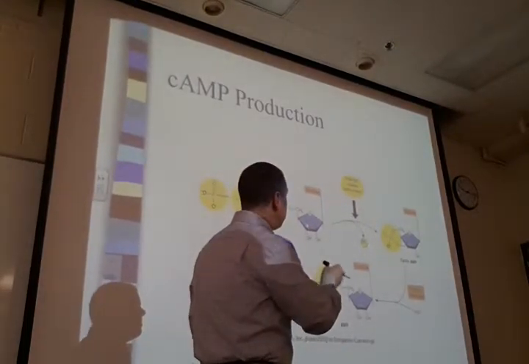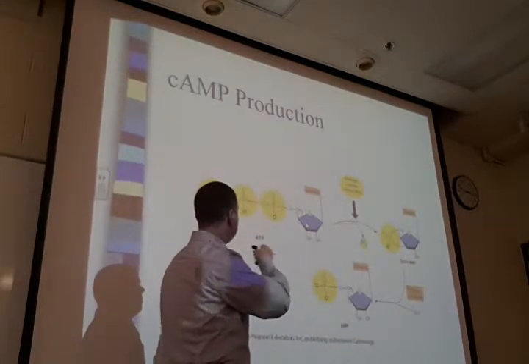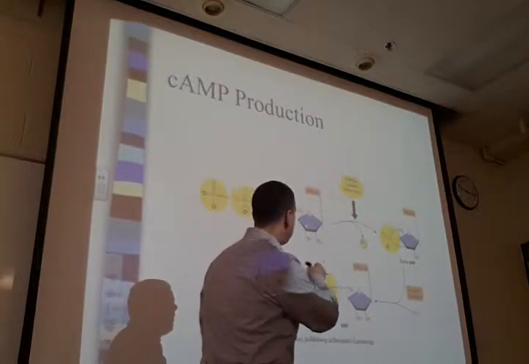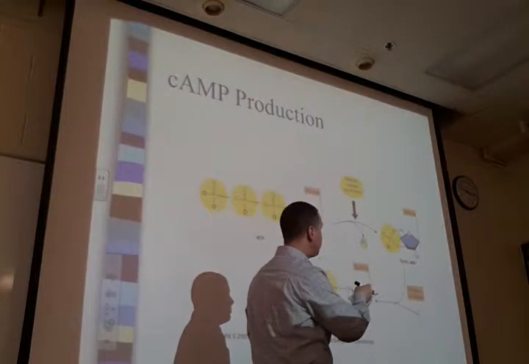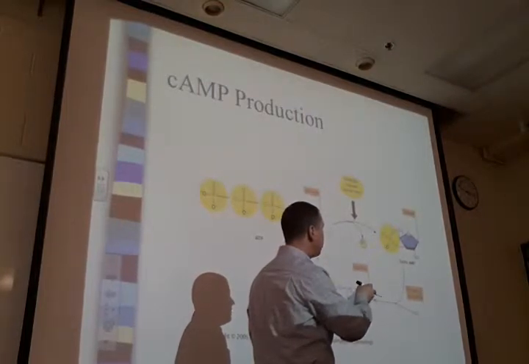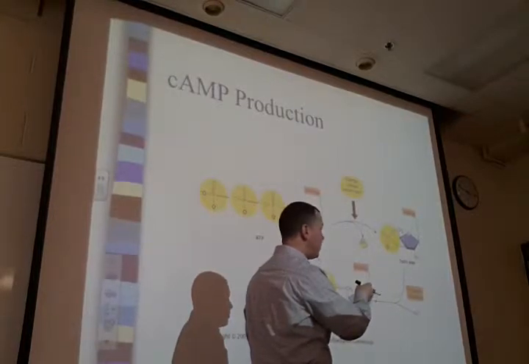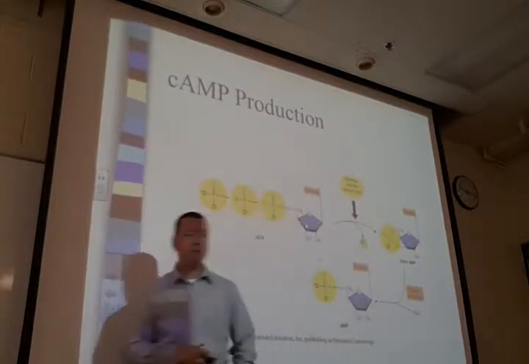When adenylyl cyclase gets its hands on it, it chops off 2 of the 3 phosphates, then takes the third phosphate and attaches it a second time to the sugar. So it creates a cyclic section here. And since there's only 1 phosphate left, that's the monophosphate AMP. So it's called cyclic AMP or cAMP.